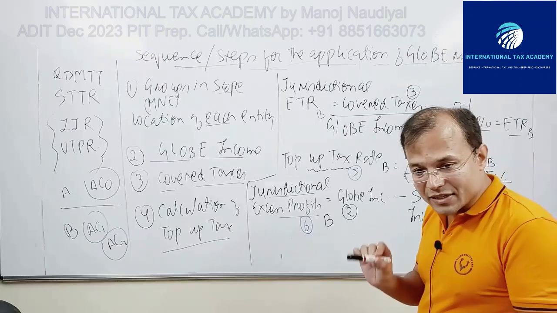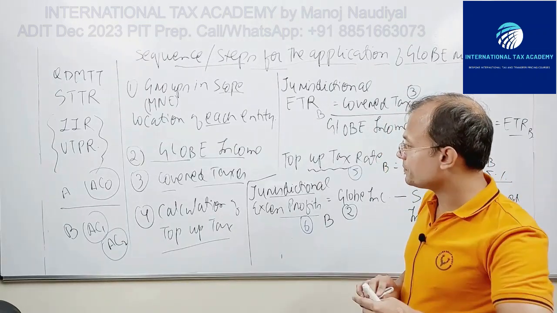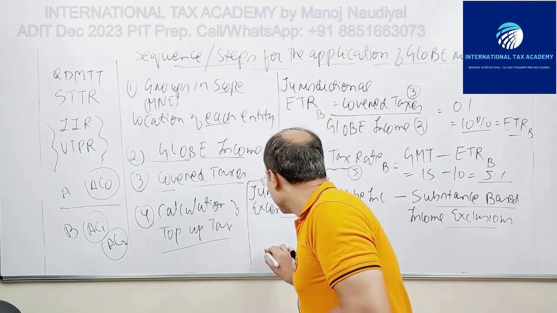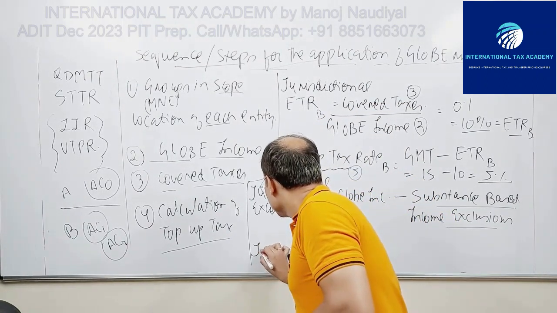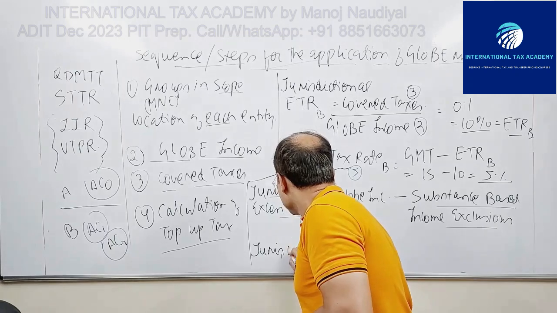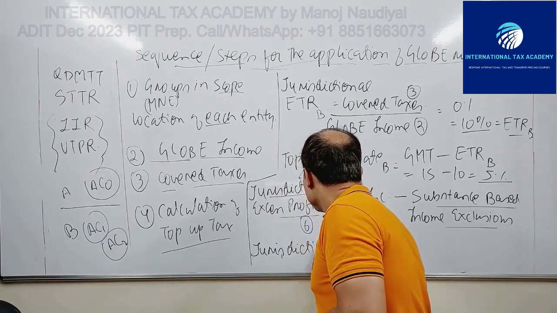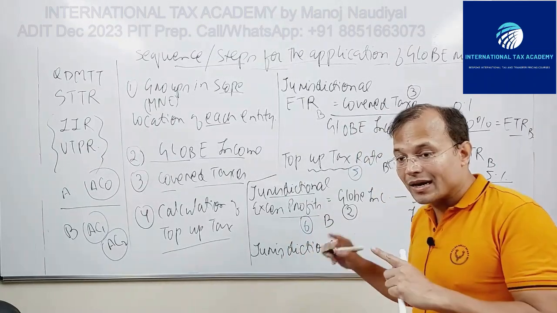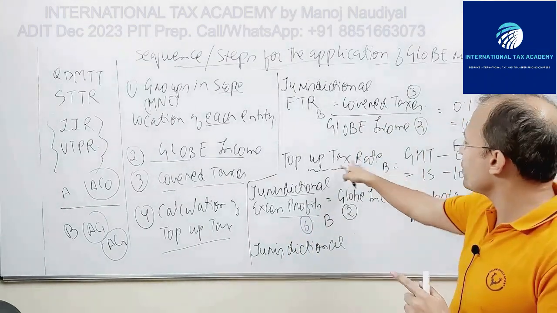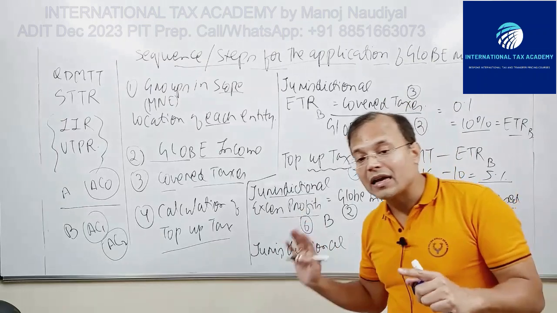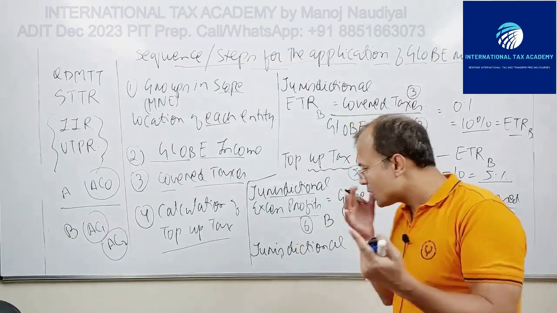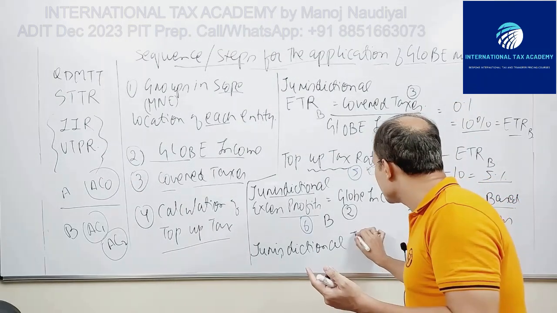In the last stage, you calculate the jurisdictional top up tax, not the rate, because the top up tax rate we know is 5%. We'll calculate the jurisdictional top up tax, that is the amount.